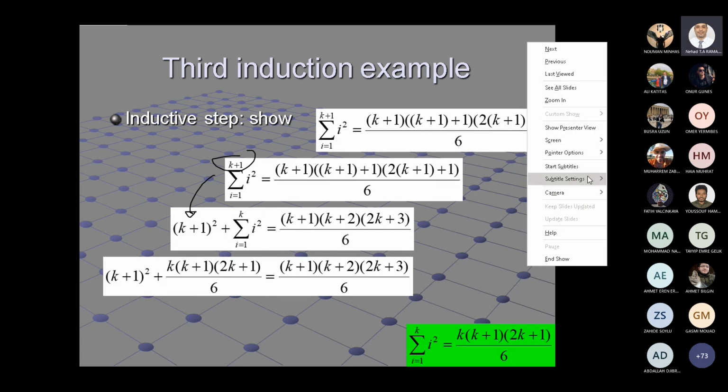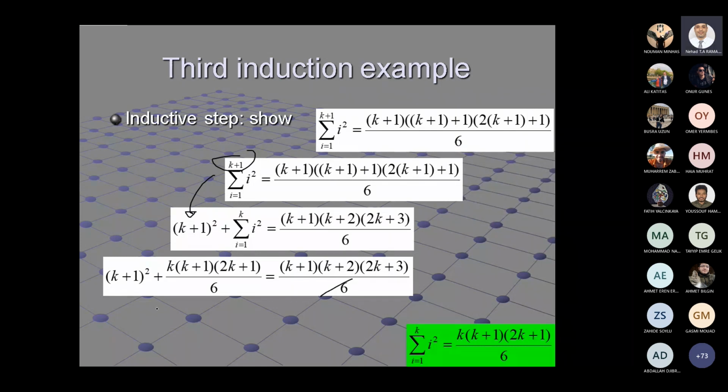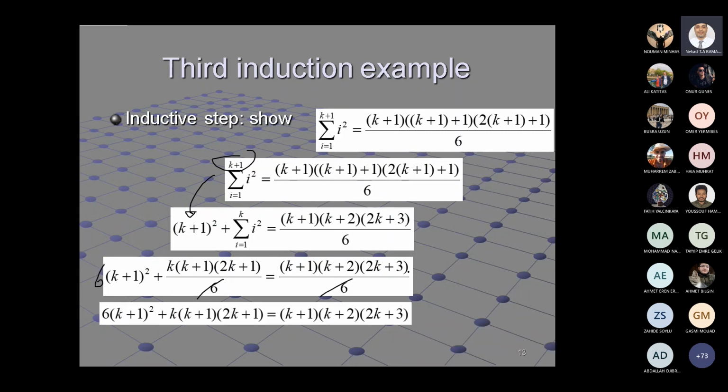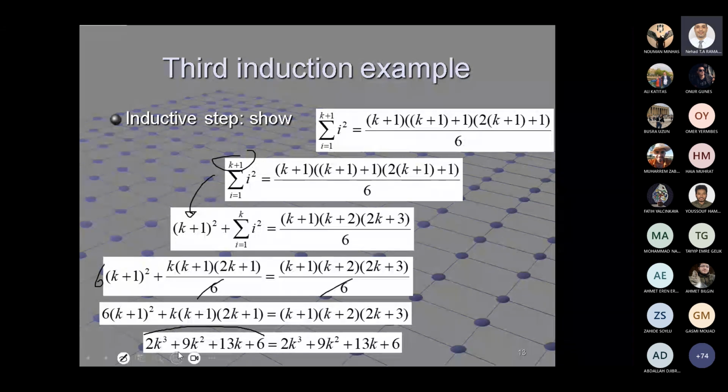Now multiply each side by 6. So we remove 6 from here, remove 6 from here, add 6 here. This when you multiply it. When you make the calculation, you will have this side like this: 2k to power 3, 9k to power 2, plus 13k.